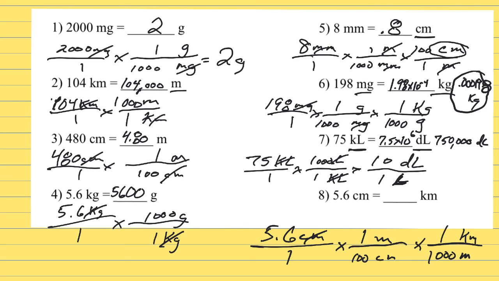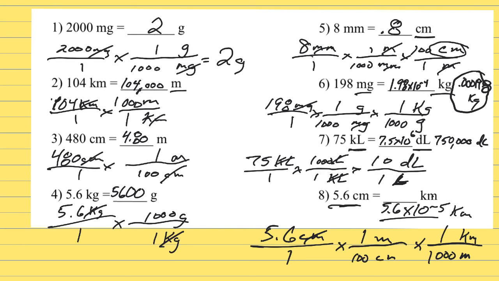What just happened? And you should get 5.6 times 10 to the -5th kilometers. So centimeters are small, kilometers are big. It should be a really small number, and it is.